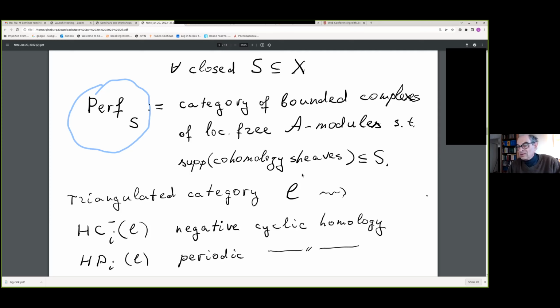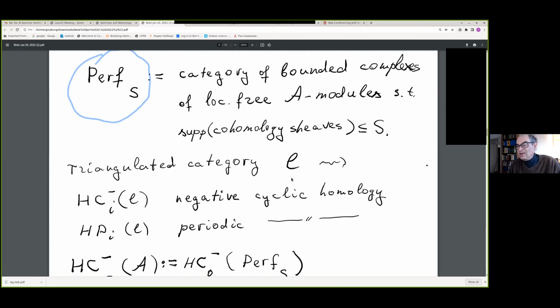So, this was worked out by Bernhard Keller in the setting that we're going to use. This formalism was worked out by him. Basically, for now, there are two theories. One is called negative cyclic homology, and the other is periodic cyclic homology.